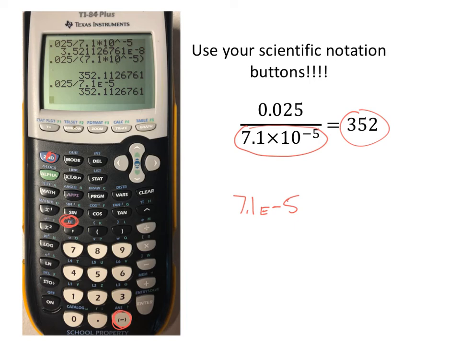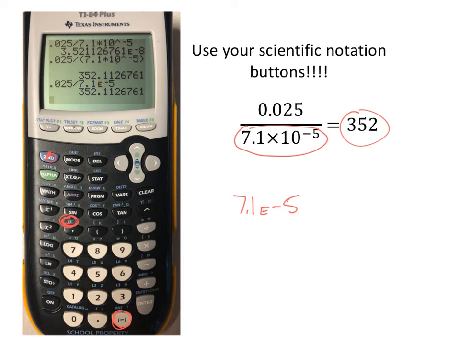And as I said, one way to get around it is to just put in the parentheses around your denominator, and that'll give you the right result, but you've got to put in how many extra buttons? 1, 2, 3, 4, 5, 6, where all 6 of those button presses can be replaced by just the EE.